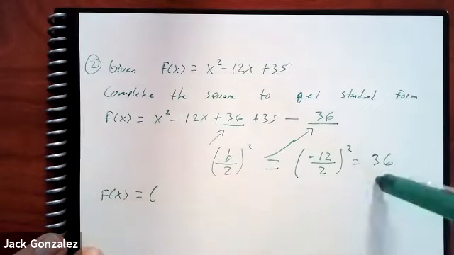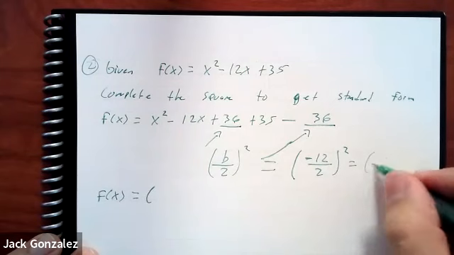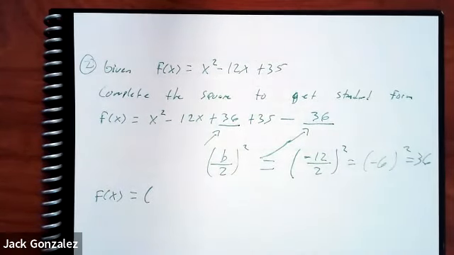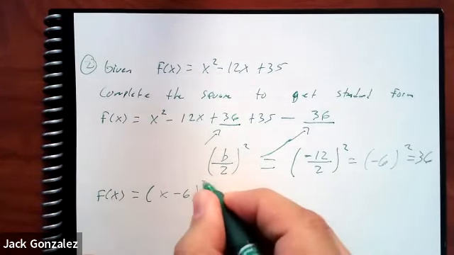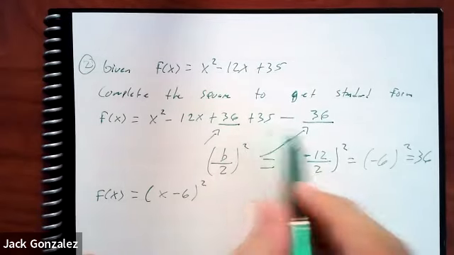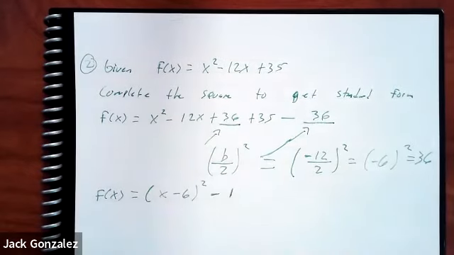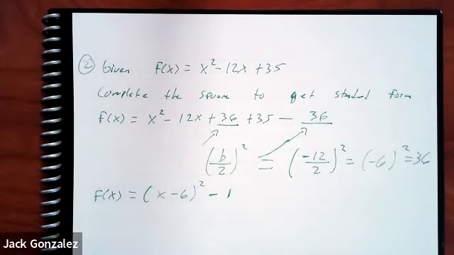This becomes, let me add an extra step right there, x minus 6 squared. 35 minus 36 is 1, right? So now we have it in standard form, just like before, like the last question.